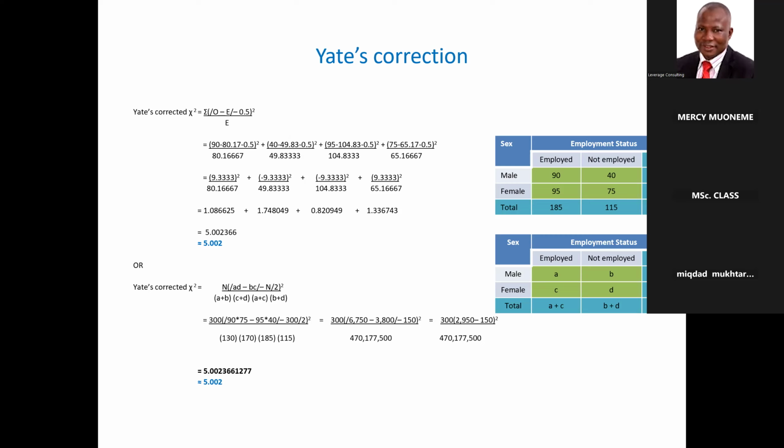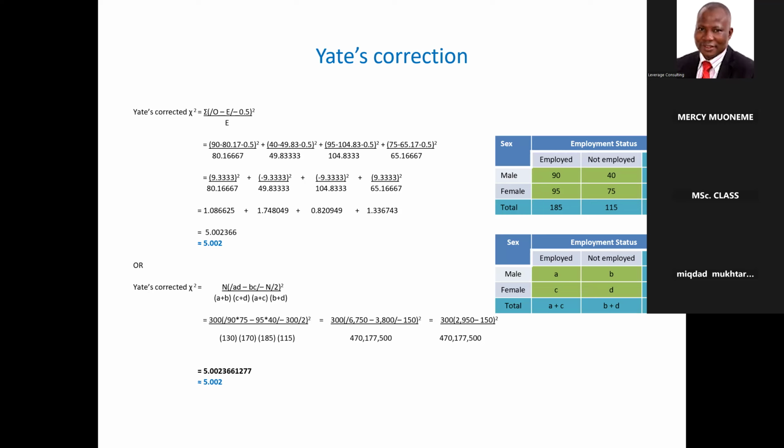So Professor Yates believed that if you have a 2 by 2 contingency table, which is very small, the chi-square is not so accurate. You must make a correction. When you say observed minus expected, which is the absolute difference, you now remove 0.5 from it before you square it.